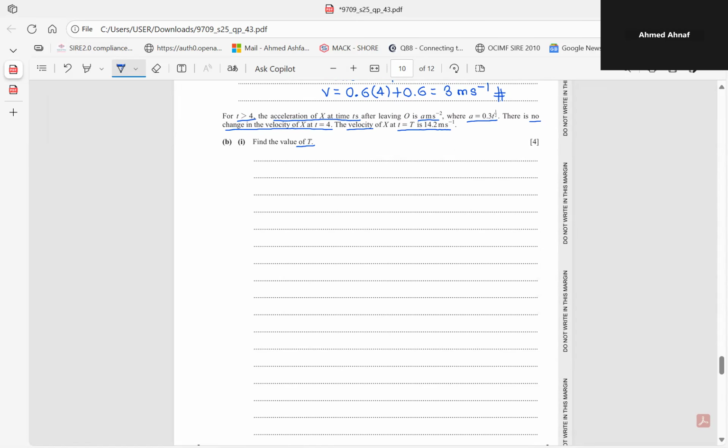All right, so to do that, we're first going to have to find a function for v in terms of t for this t more than 4 from acceleration. So to do that, we're going to integrate both sides with respect to time.